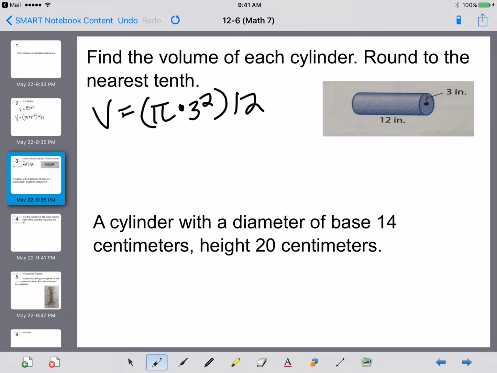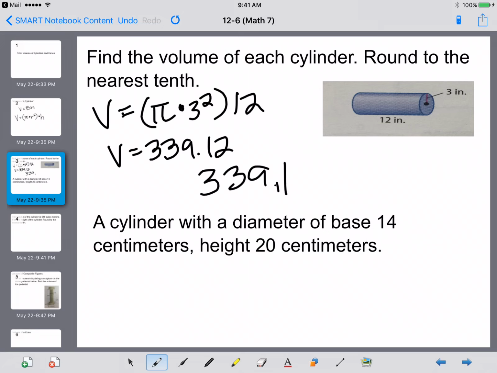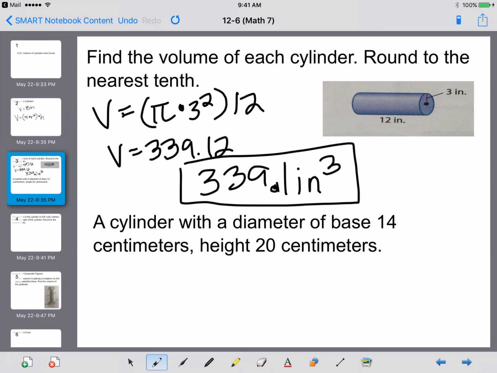So I'm going to take 3.14, because that's what pi is, times 9, because that's 3 squared, to get 28.26, and multiply that by 12. My volume ends up being 339.12, rounded to the tenth, so 339.1 inches cubed. Because once again, 3 dimensions, we need to have that label there.